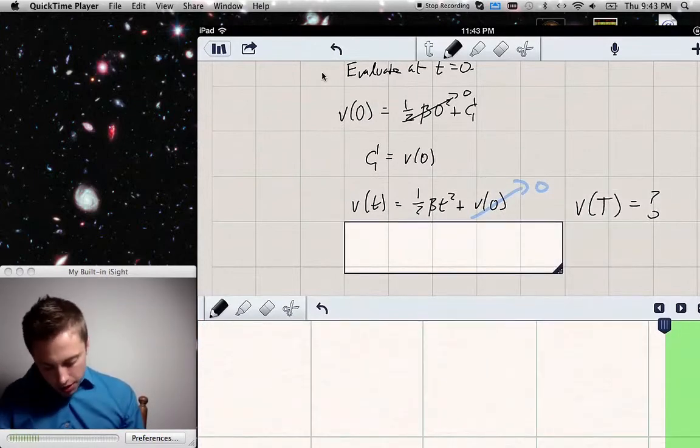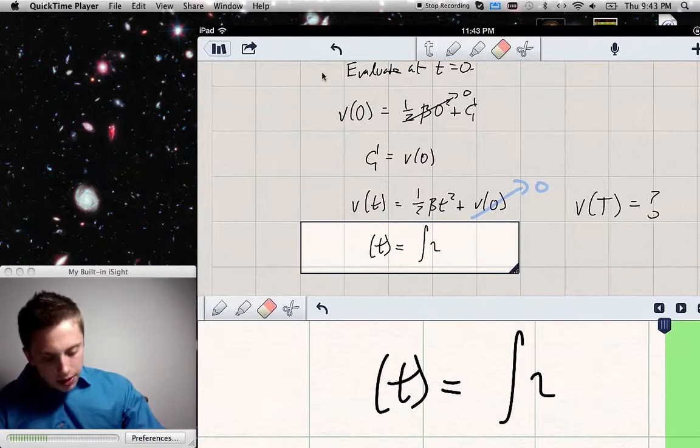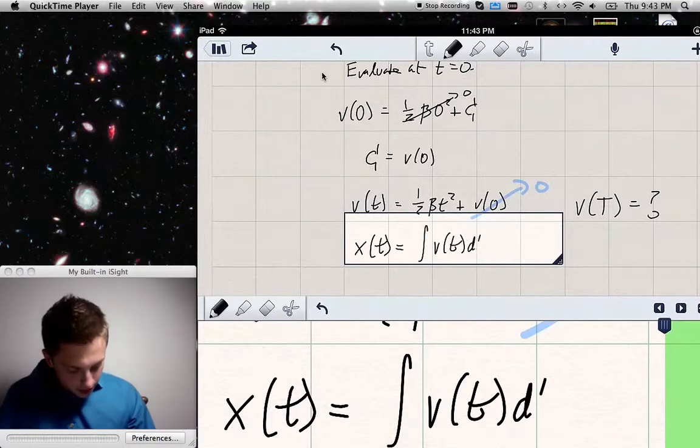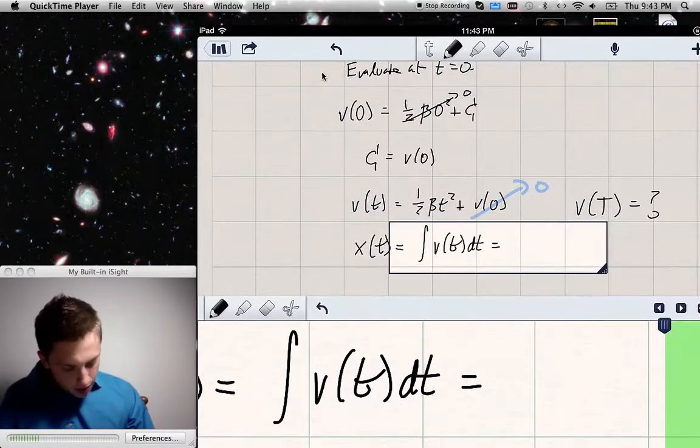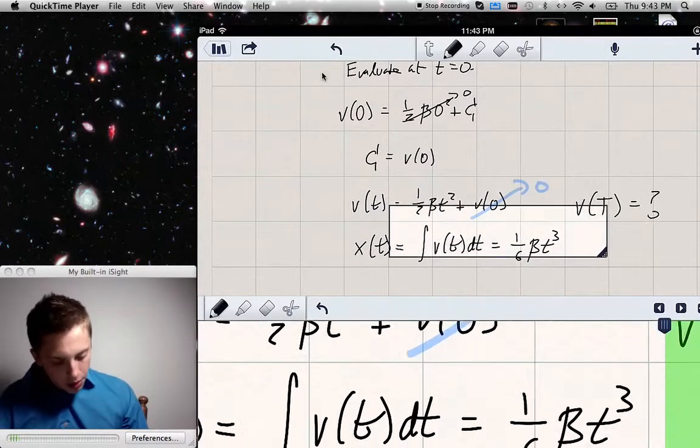The position function, x of t, is given by integrating v of t, and we get 1/6 beta t cubed because we integrate 1/2 beta t squared.